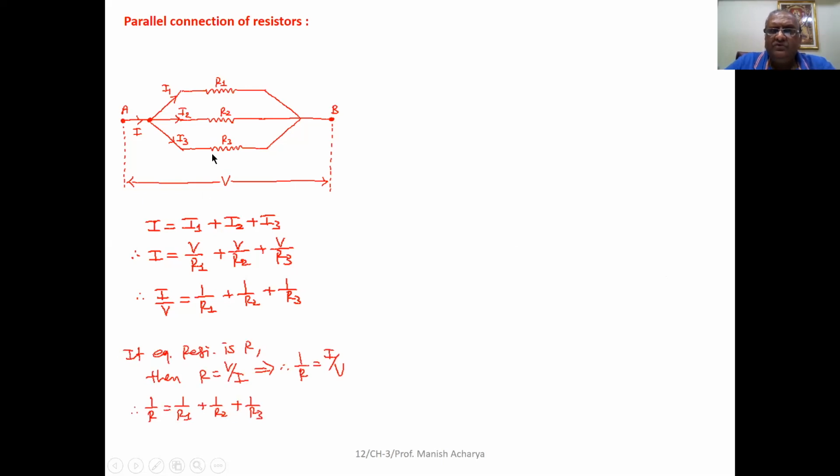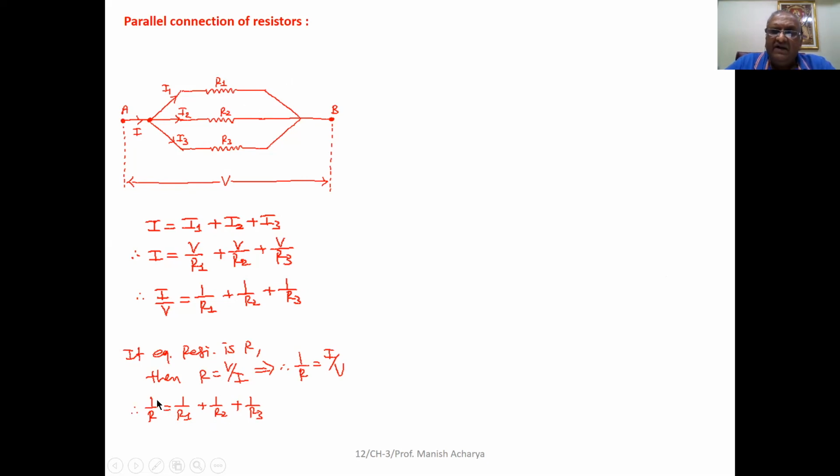Now, suppose the equivalent resistance of this entire connection is R. It implies that if this connection of three resistors is replaced by only one resistor having resistance R, then the same voltage will constitute the same current. Then we can say that resistance R is the equivalent of this combination or connection.